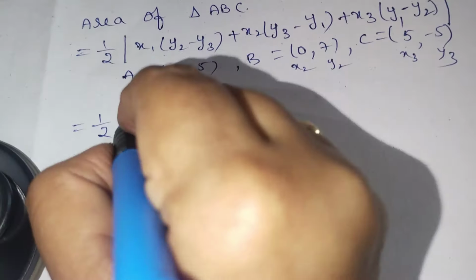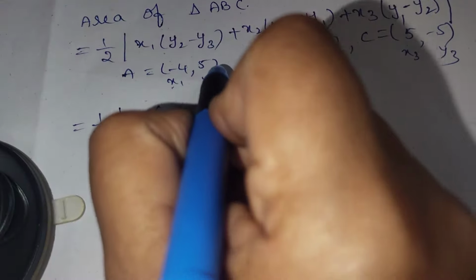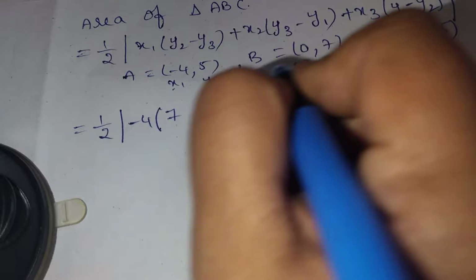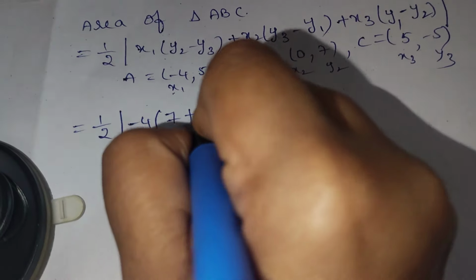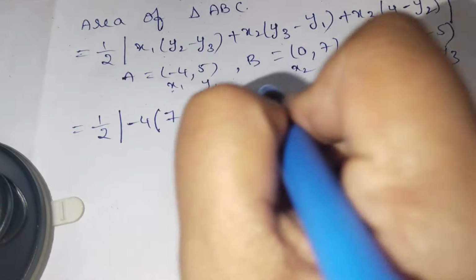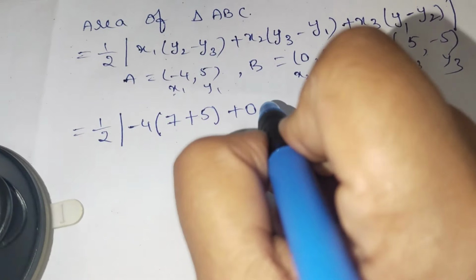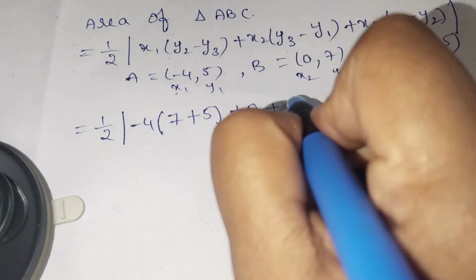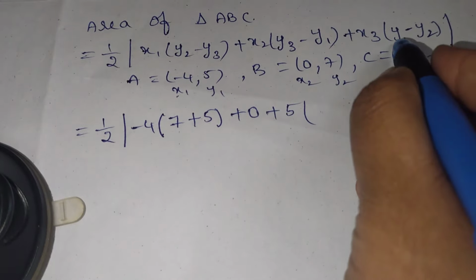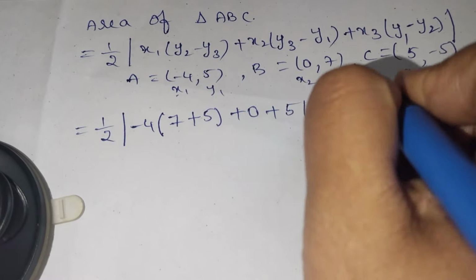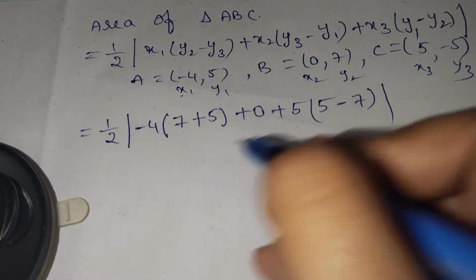So half mod, x1 how much? Minus 4 into y2 minus y3. y2 is 7, y3 is minus 5, so 7 plus 5. Next x2 is 0, no need to do, directly write 0 into anything is 0. Next plus x3, how much? 5, into y1 minus y2. y1 is 5 minus y2, y2 is 7. Now simplify this.